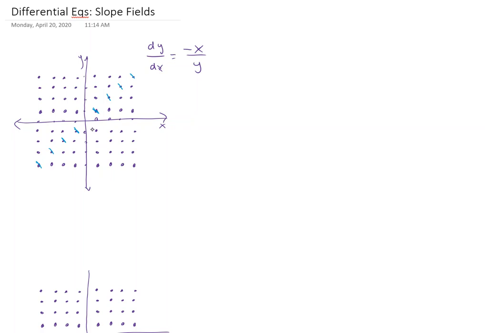What if it was down here? What would the slope be? Well, 1, negative 1 is going to be negative 1 over negative 1. It's going to have a positive 1 slope. What about 2, negative 2? If it went through 2, negative 2, it would have a positive 1 slope. So we're just noticing that if this curve went through these points, this is what the slope would look like at those points.